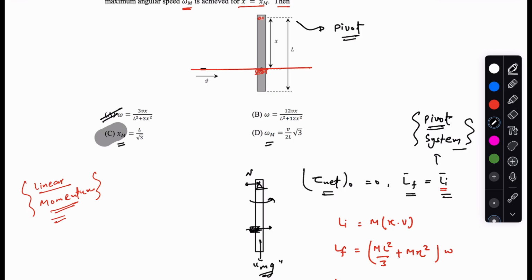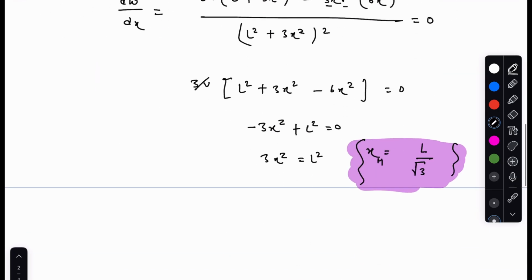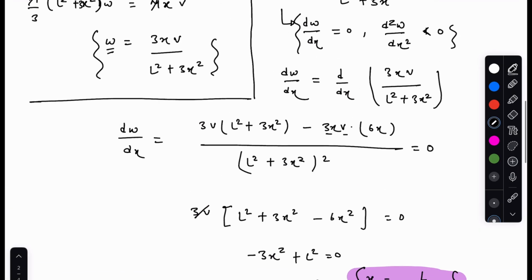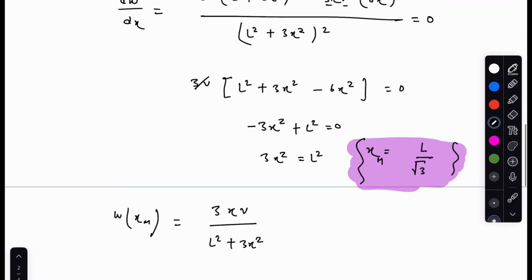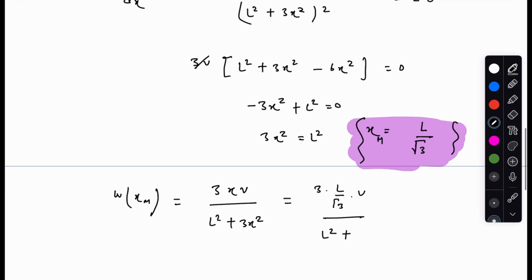Now we also need to find the omega maximum value. We got the omega function, and now we can substitute the x value. We had the function 3xv divided by L square plus 3x square. Placing the value, that is 3 times L divided by root 3 times v, divided by L square plus 3 times L square divided by 3.